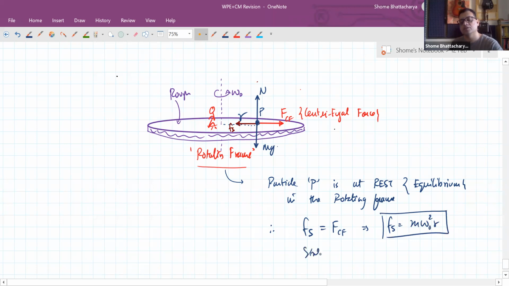So static friction balances the centrifugal force. And of course, normal reaction balances mg.